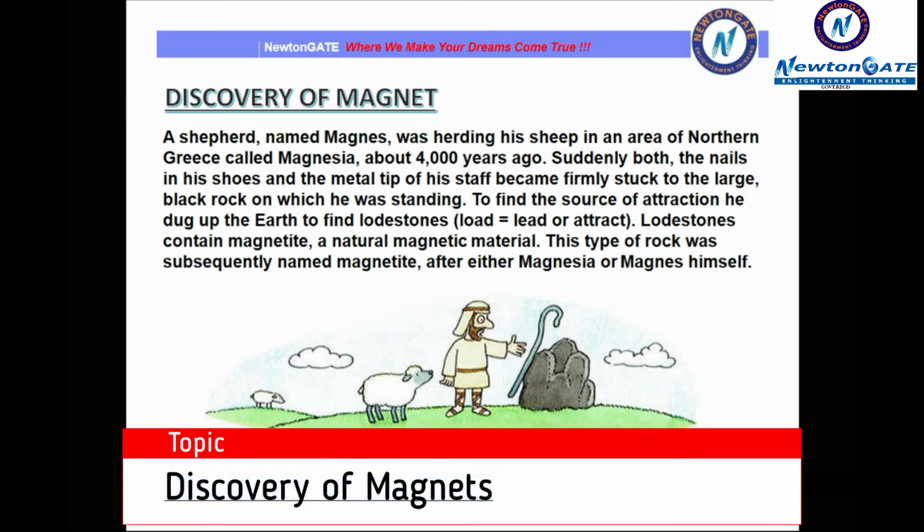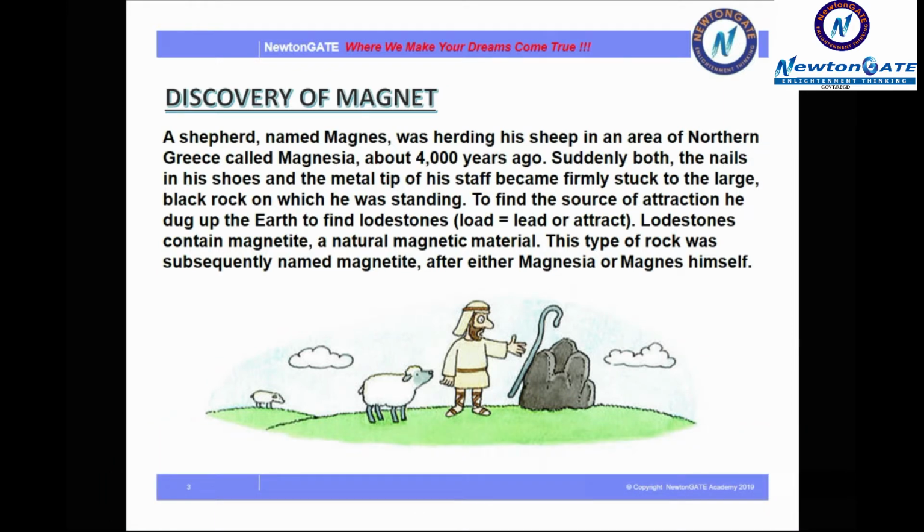Now let's first learn about the discovery of the magnet. How was the magnet discovered? There is a story which tells that a shepherd named Magnus was herding his sheep in an area of northern Greece called Magnesia about 4000 years ago. Suddenly both the nails in his shoes and the metal tip of his staff became firmly stuck to the large black rock on which he was standing.